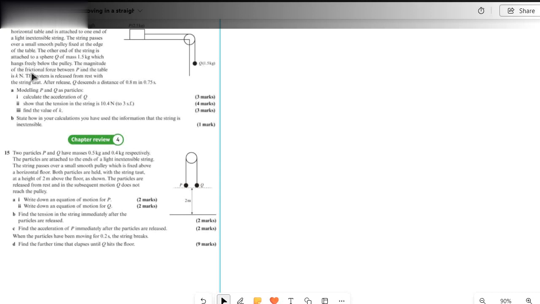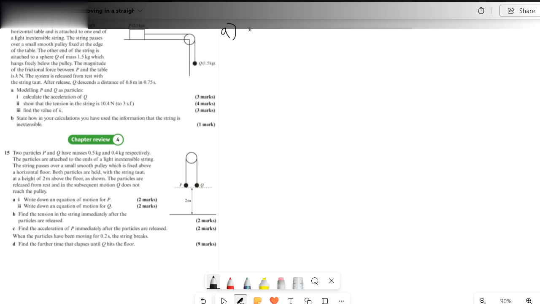The magnitude of the frictional force between P and the table is k newtons. The system is released from rest with the string taut. After release, Q descends a distance of 0.8 meters in 0.75 seconds. Modeling P and Q as particles, for number A1, calculate the acceleration of Q.